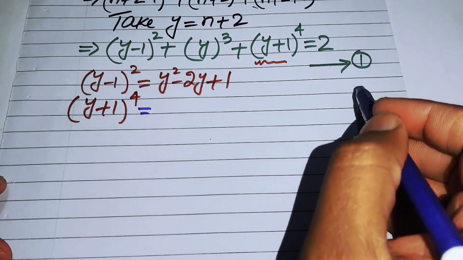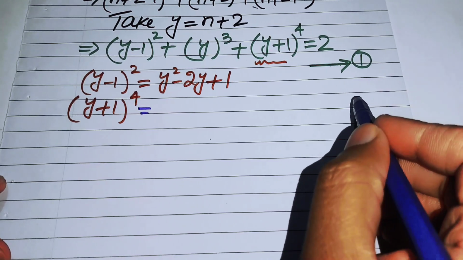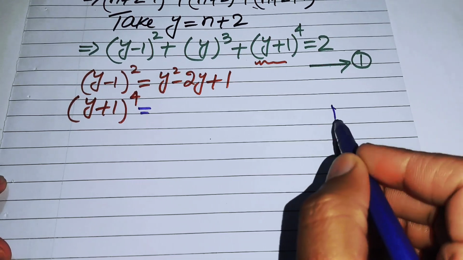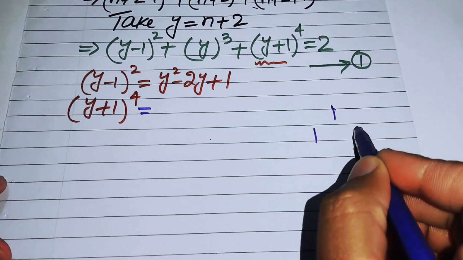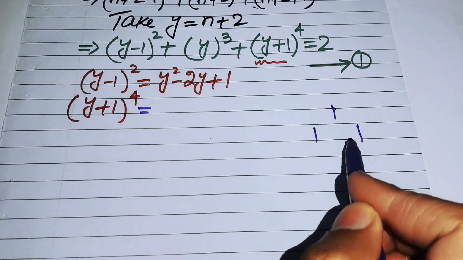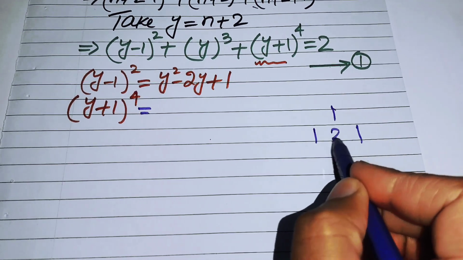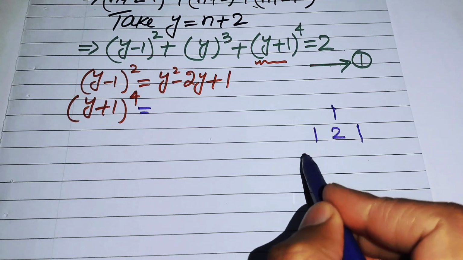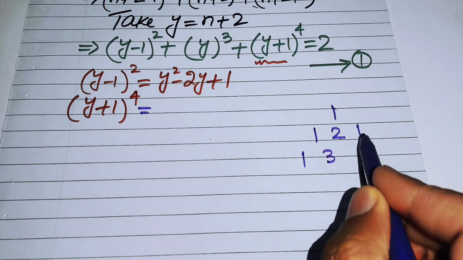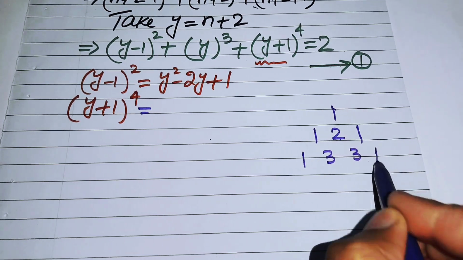In Pascal triangle you will very well know about this one. We have this 1, and we again write this 1 and this 1, and after that we add these two ones, and you get 1 plus 1 is 2. After that we write this 1 here, and we add 1 plus 2 is 3, and 2 plus 1 is 3, and we write this 1 as it is.